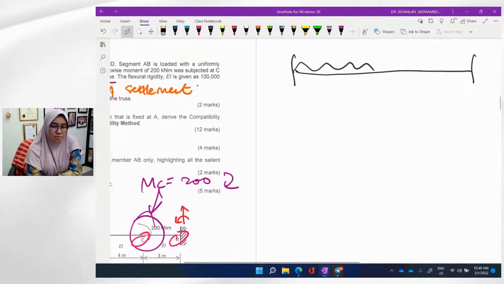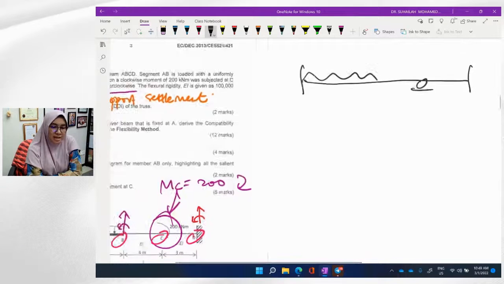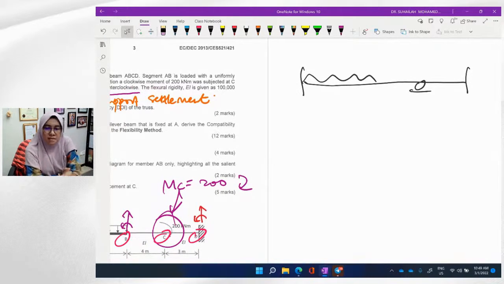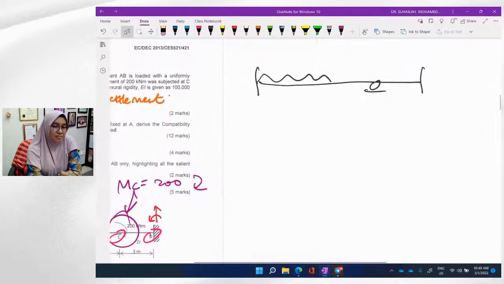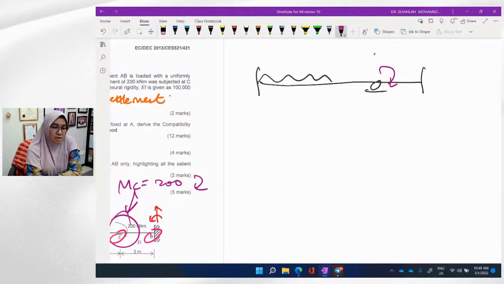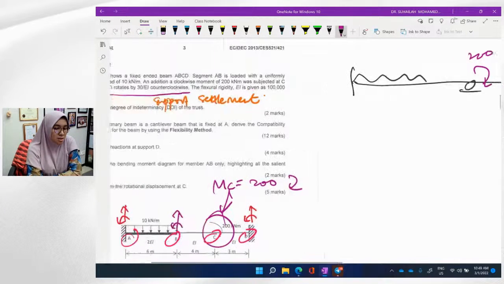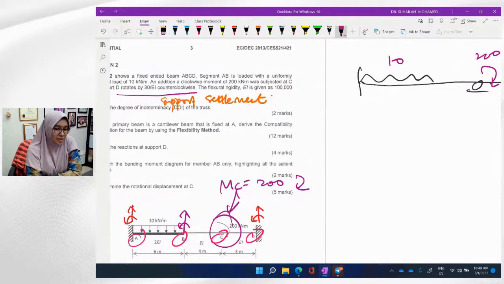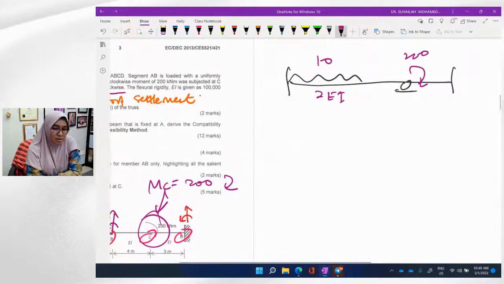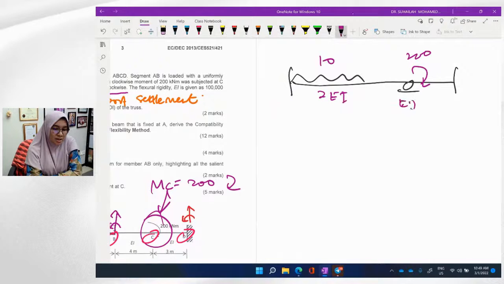I want to put one roller here so that I can reduce the number of unknown displacement. So the moment remains. This is 200 and then 10 and then this is 2 EI. The rest is EI.